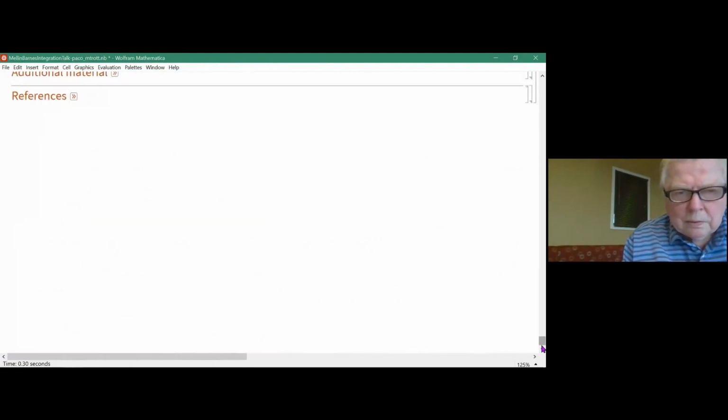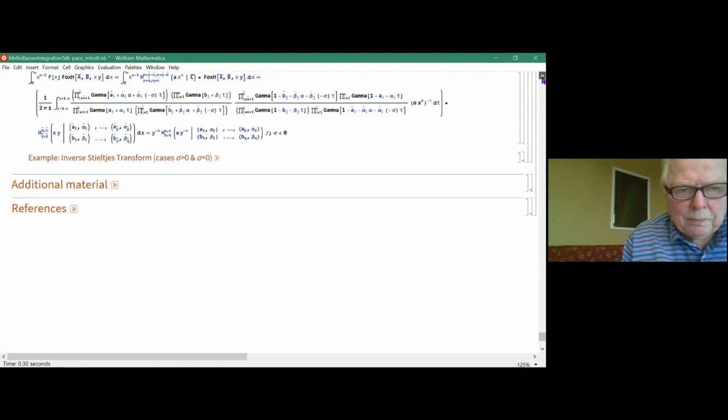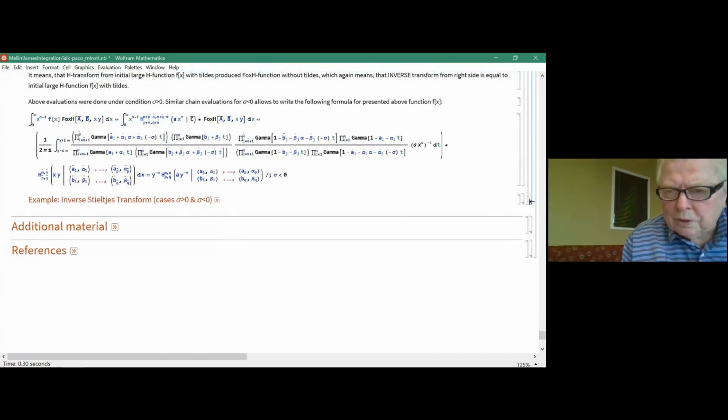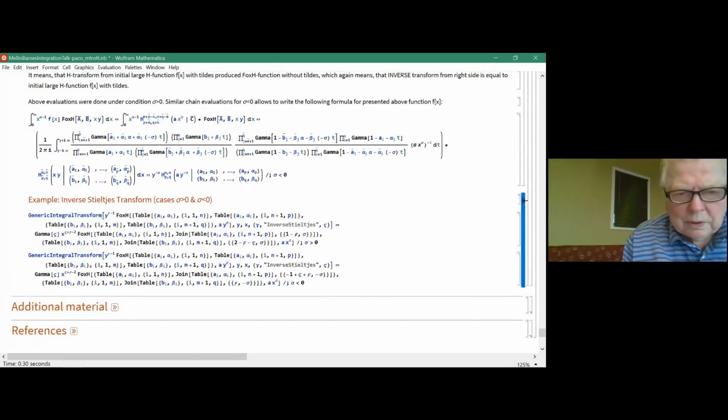And let me conclude maybe. Here I have example. When we have inverse Stieltjes transform and formula for them under condition sigma more than 0 or less than 0. So basically it is piecewise construction for inverse Stieltjes transform.